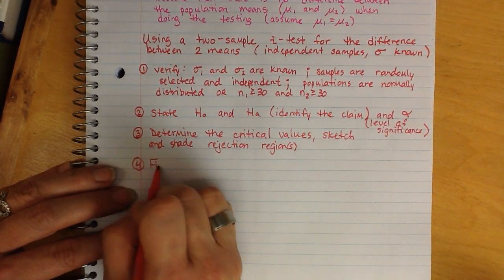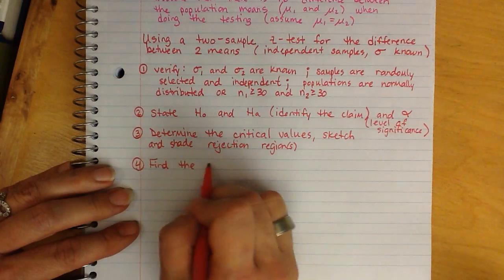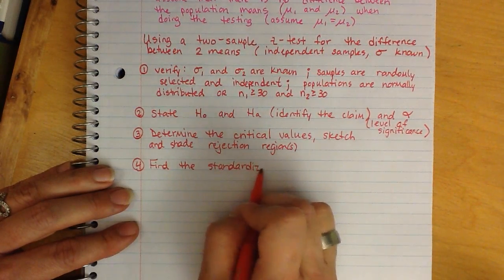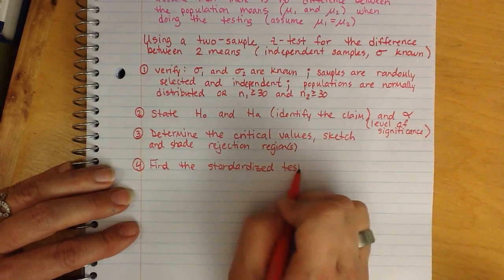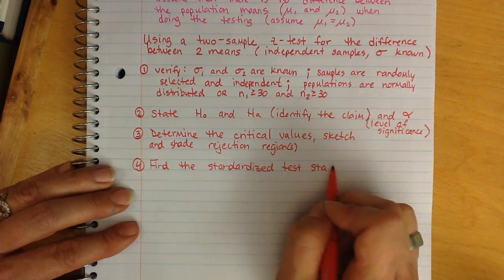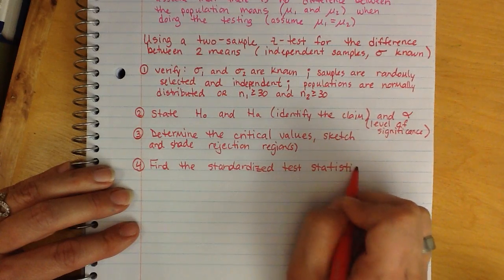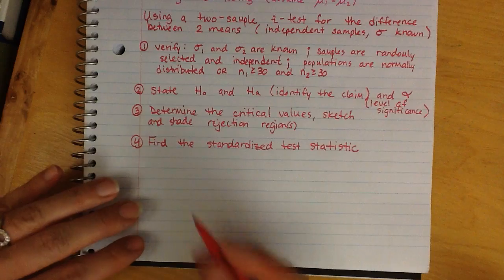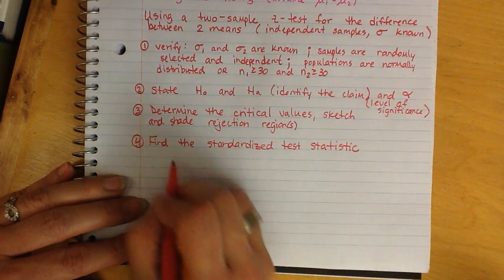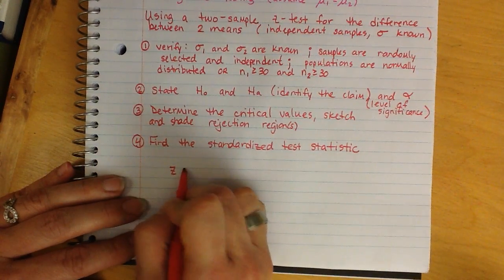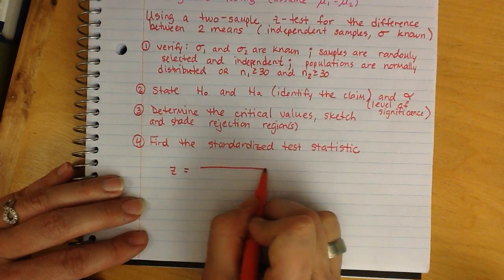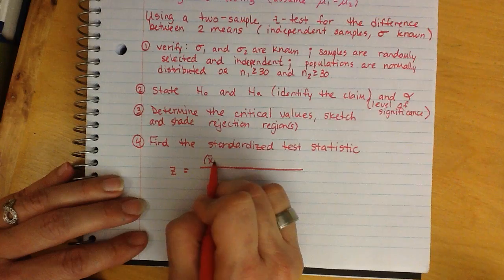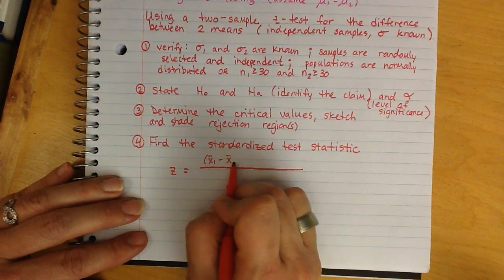And then we find the standardized test statistic. In this case, it's going to be a z-score. This is kind of a big formula, so I'm going to write it somewhat large. So z is going to equal x bar 1 minus x bar 2.